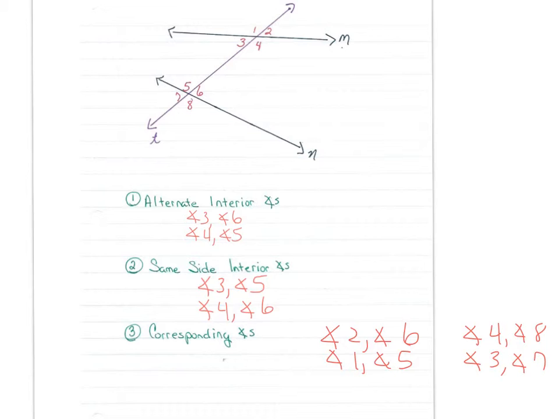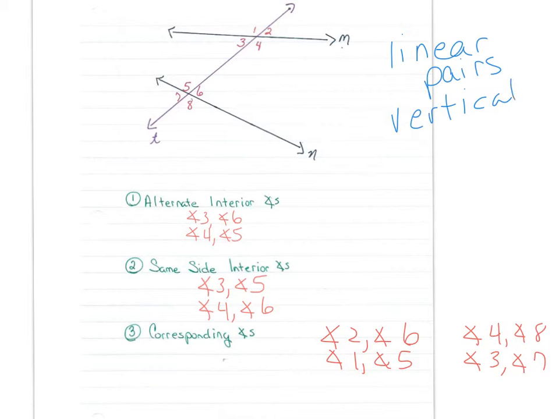So we have linear pairs. Any other kinds of pairs of angles? The adjacent angles. We do have adjacent angles, but we also have vertical angles.